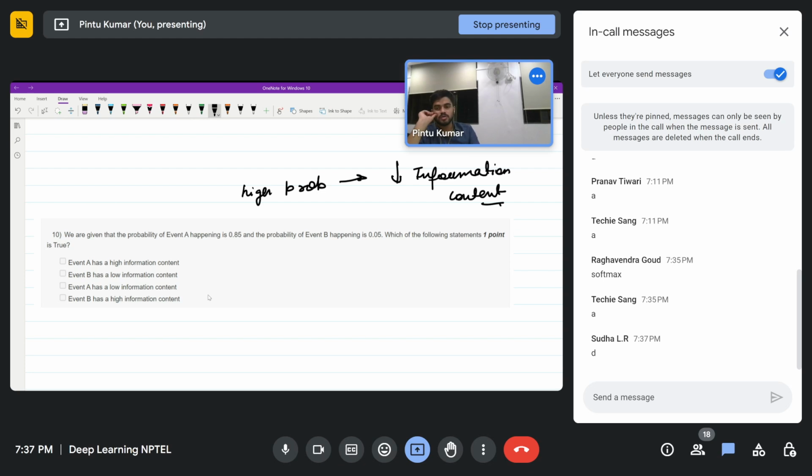A has a higher probability, so A should have low information content. So this option is correct. B has low probability, so B should have high information content. So C and D are the correct options here.